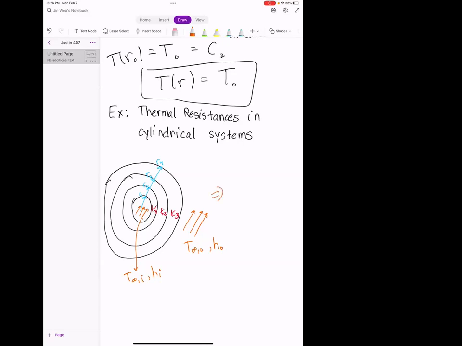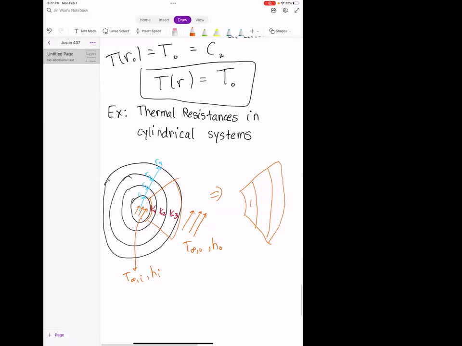Since this figure is a little bit messy, I'm going to draw it in another form, kind of like in pound cake form here. This is like a slice of this material, just to make things a little easier to see. We have k1, k2, k3.